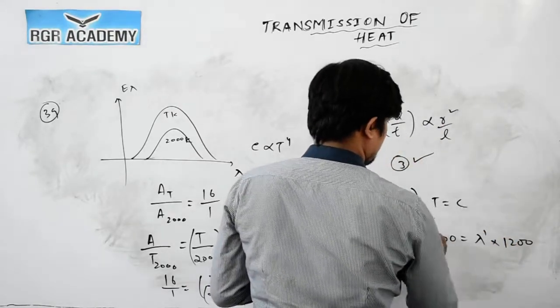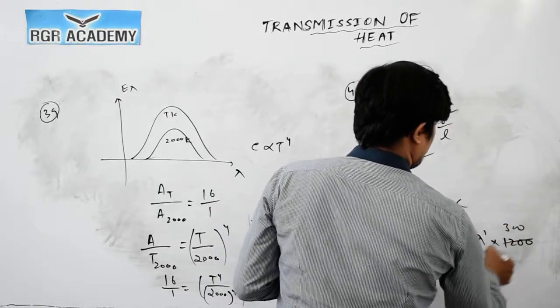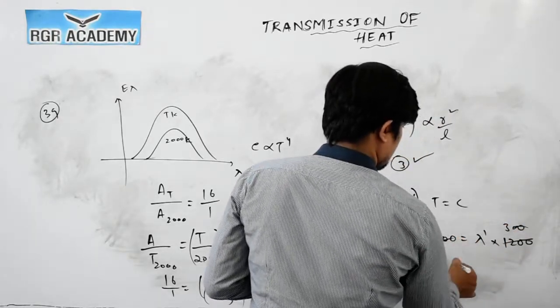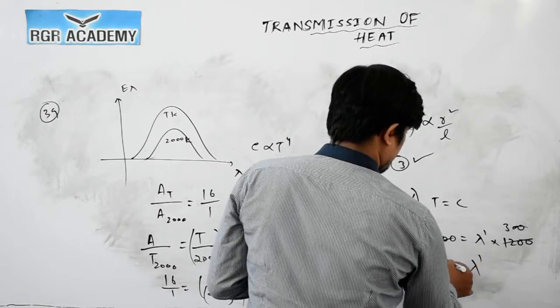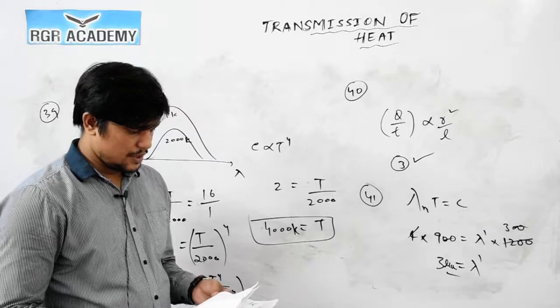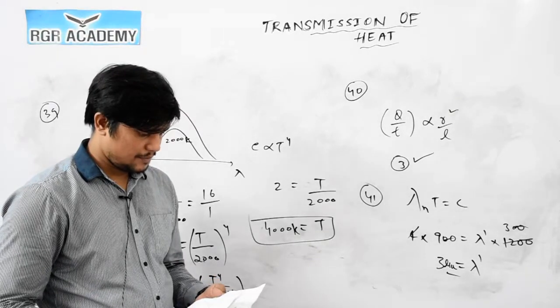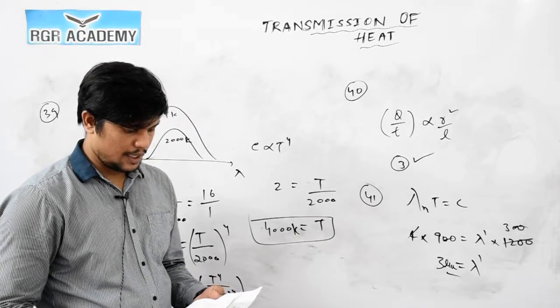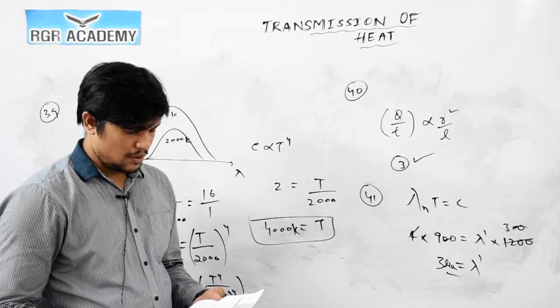So it will be 300, so lambda dash is 3 micrometer. If you see the options, question number 41, option number 4 is correct, 3 micrometer.